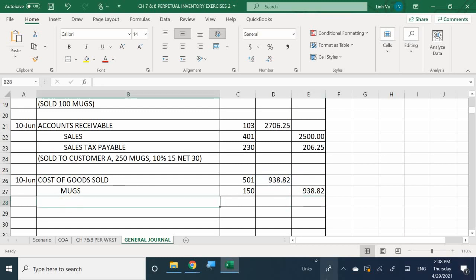And once again, this is where you can also add a note, because you definitely want to make sure, what if customer A decides to return some of these mugs? At least we know where it came from. So in this case, I'm just going to write: sold 250 mugs to customer A in case they decide to return.